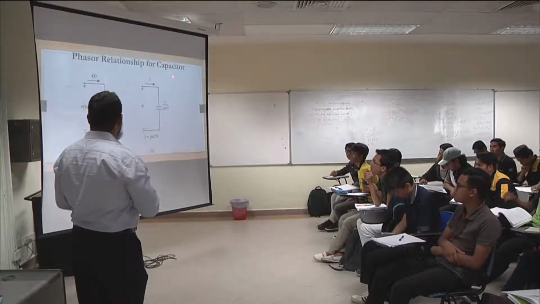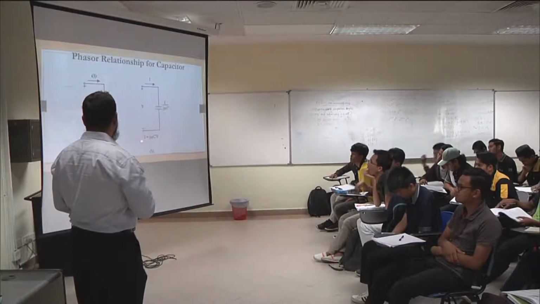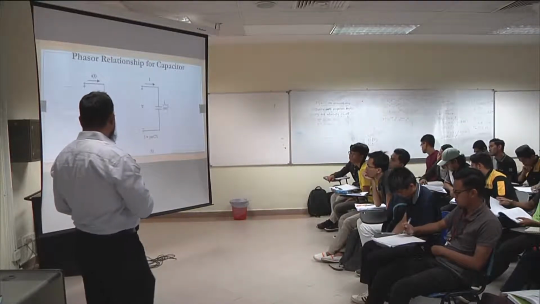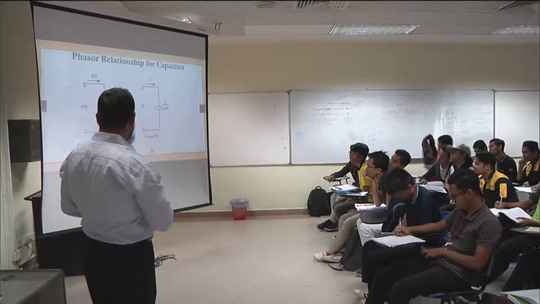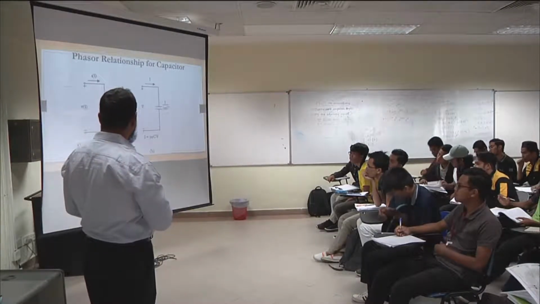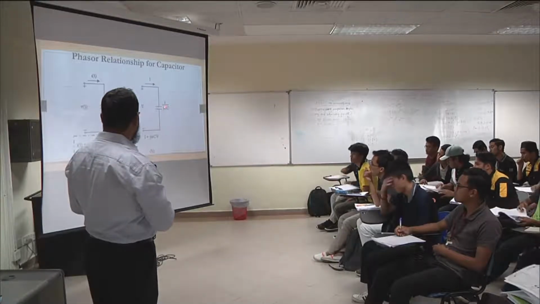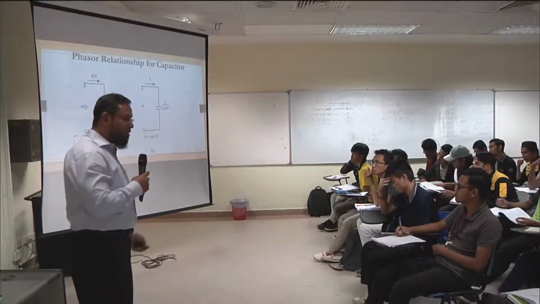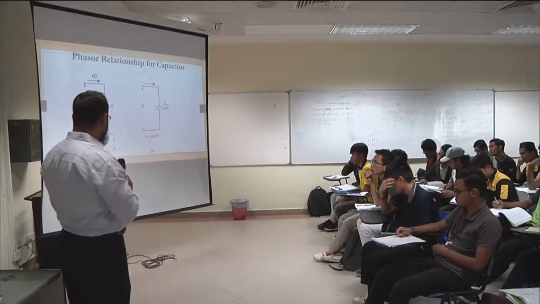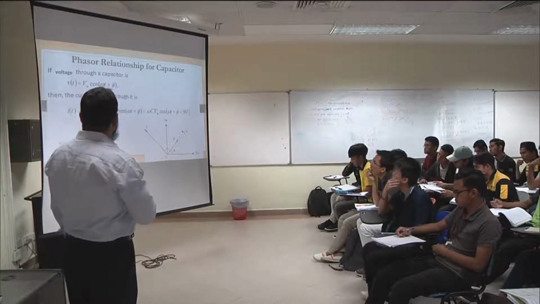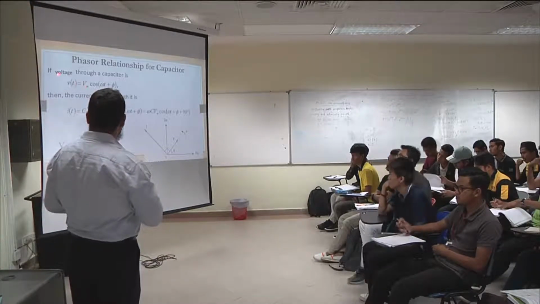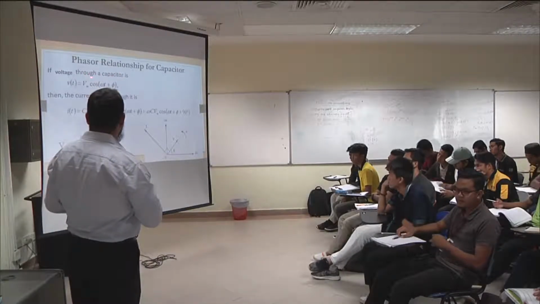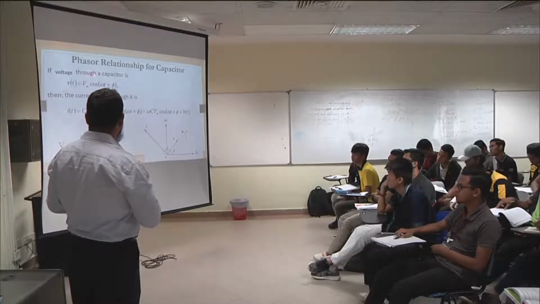All right, phasor relationship for capacitors. We already covered this. The voltage-current relationship through the current through the capacitor I and the voltage across the capacitor V, and this gives us this relationship. The impedance for a capacitor is 1 over j omega C, or negative j over omega C. So if a voltage through a capacitor, or is actually across a capacitor, it's not through, okay?